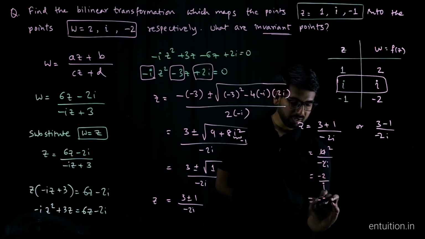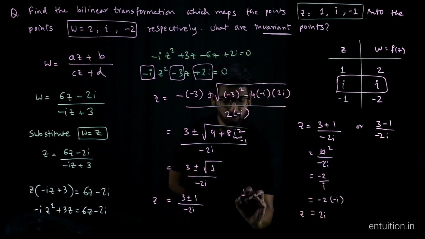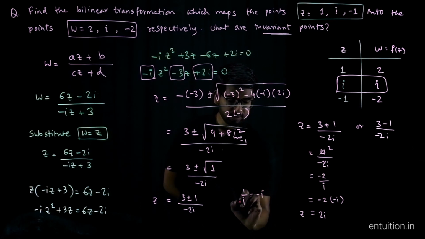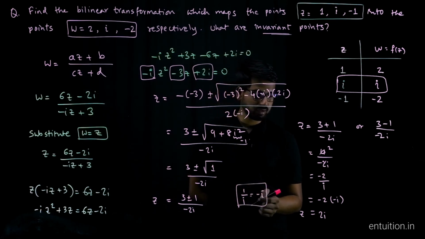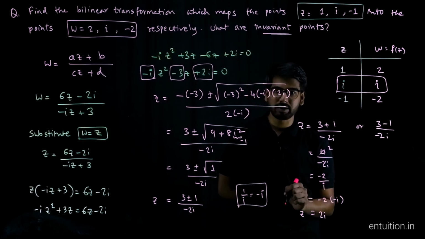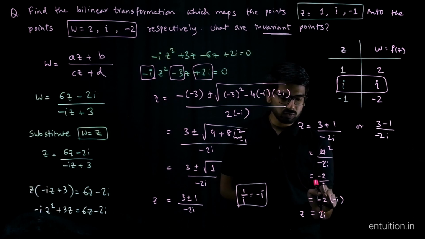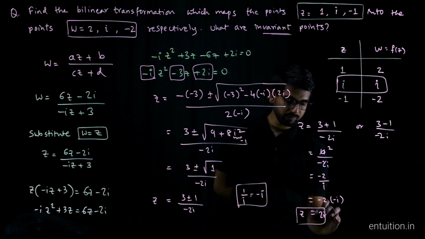Or minus 2 into minus i. That's nothing but 2i. We have to know 1 by i is nothing but minus i. Okay, so this is the identity of complex numbers. So the i in the denominator will come to the numerator with a minus symbol. So minus 2 times minus i, and one of the invariant points is 2i.